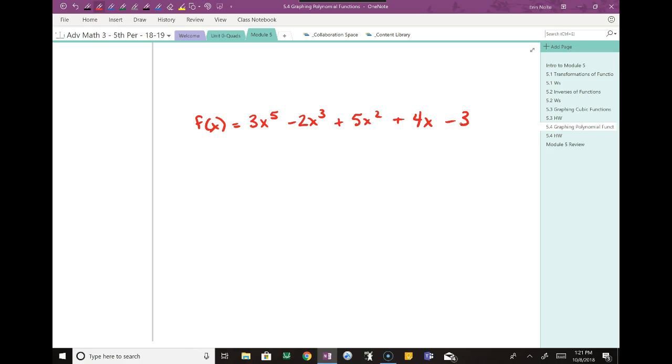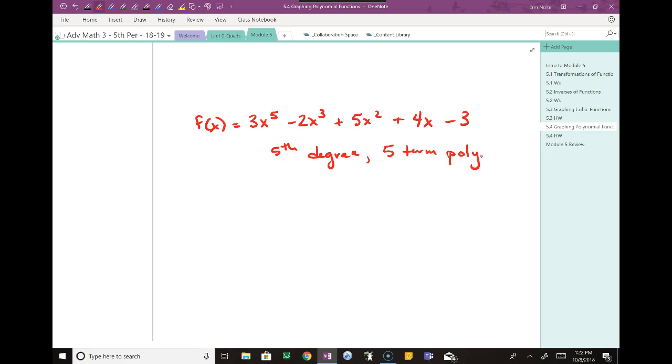You guys see what I'm saying by terms? They're separated by plus signs or minus signs. So this would be a fifth degree, five-term polynomial. Poly, does anybody know what the word poly means? Many. Oh, you guys are so smart. Yeah, many terms.